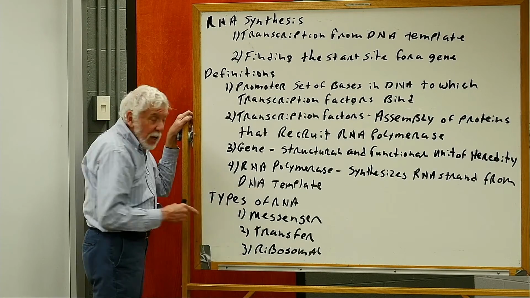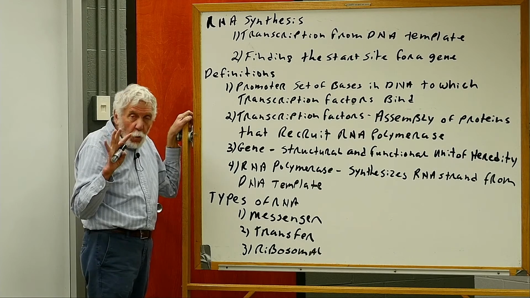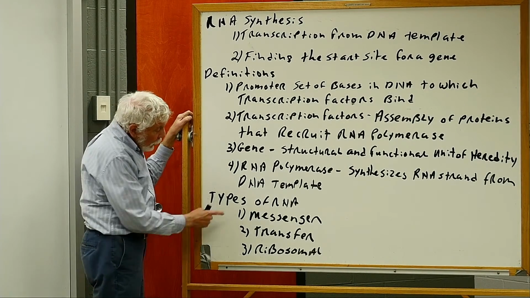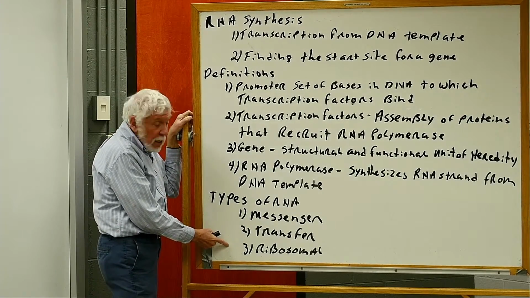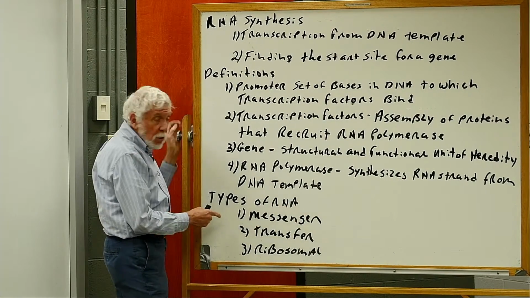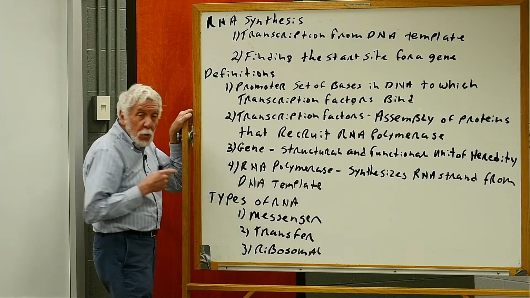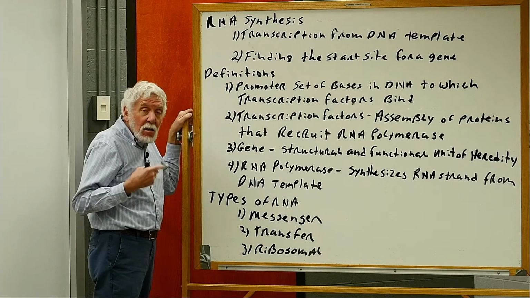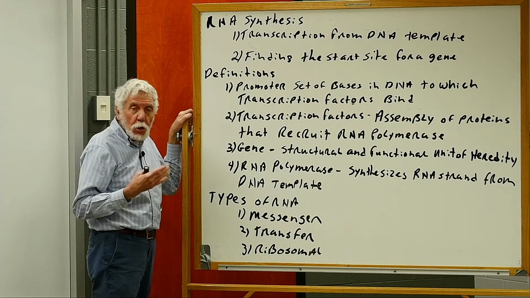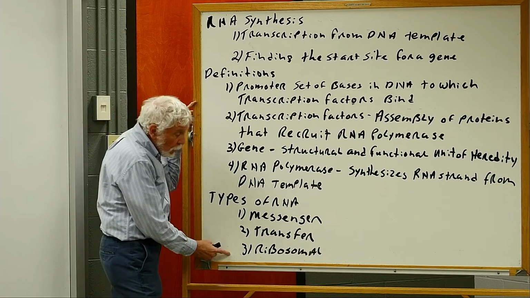Now I'll finish with the idea that there are 3 major kinds of RNA. Actually, there's a 4th that we'll talk about briefly. The 3 major types that we're going to be interested in here, though, are messenger RNA, which encodes the sequence of amino acids in the resulting protein; transfer RNA, which acts as a kind of shuttlecraft, carrying specific amino acids to the 3rd structure, the ribosome.